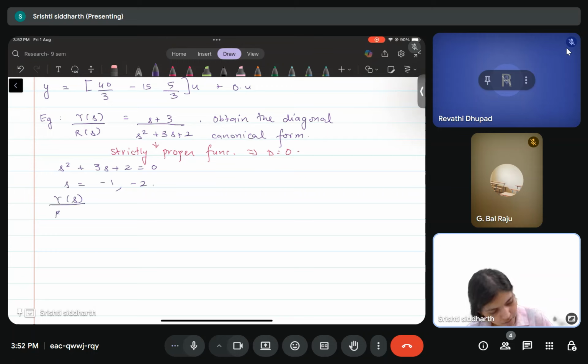So we have s plus 3 over s plus 1, s plus 2. So these are distinct eigenvalues. So it's the simplest case.